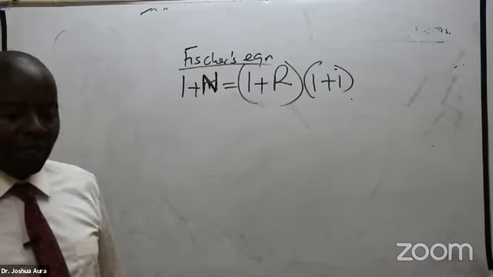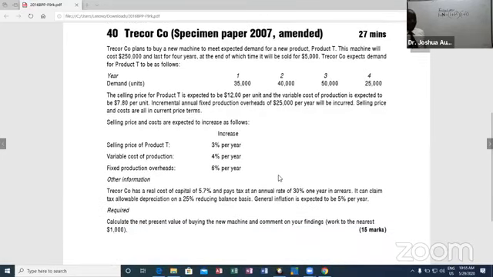Tracker Company plans to buy a new machine to meet expected demand for a new product called Product T. We are told that the machine will cost $250,000 and will last for 4 years, at the end of which time it will be sold for $5,000.